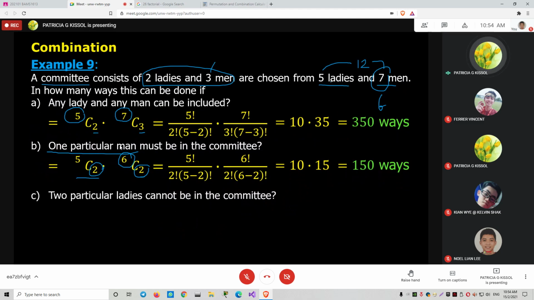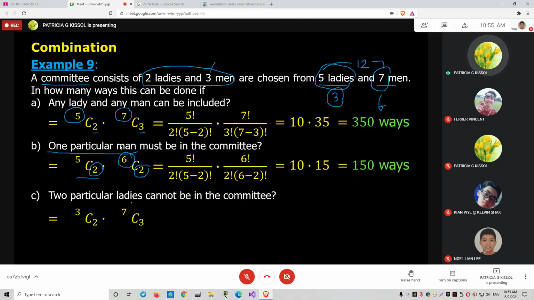And the last part: two particular ladies cannot be in the committee. Remember we have 5 ladies, but 2 of them cannot be in the committee, so you only have 3 ladies to choose from. From the ladies, 2 must be chosen, so we have 3 combination 2, and for the men, 7 combination 3.